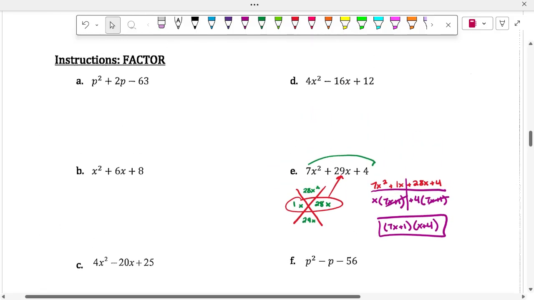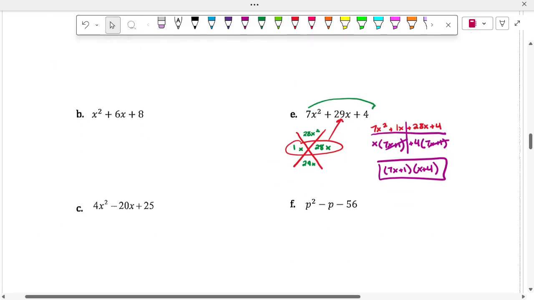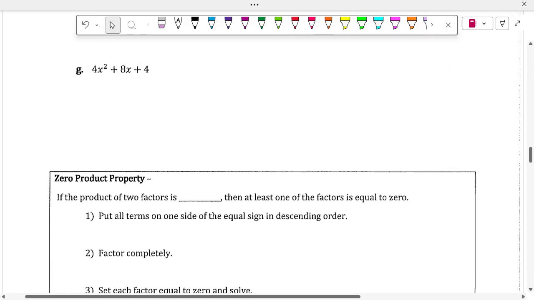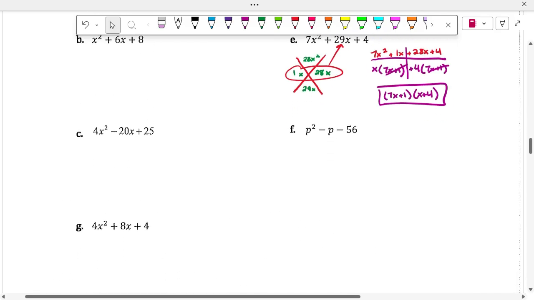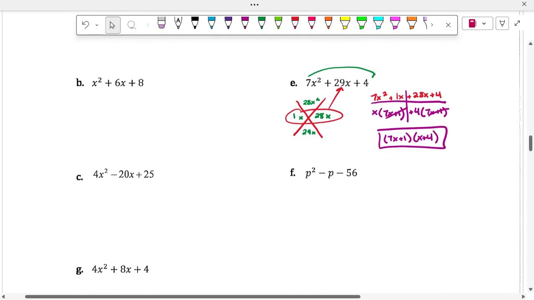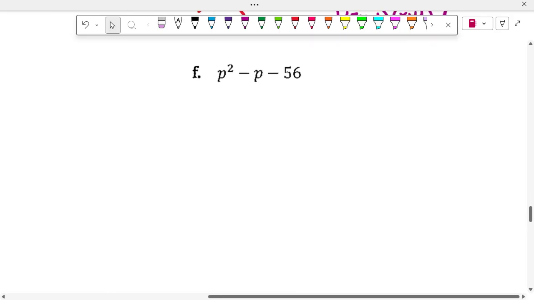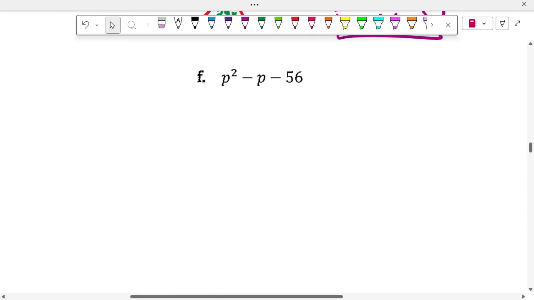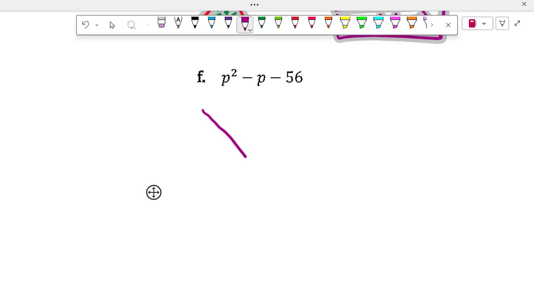Now, let's say that I had one like letter F. So the A value is 1, so we know that we can go straight to factors if we wanted to. All right, so what's my A times C?